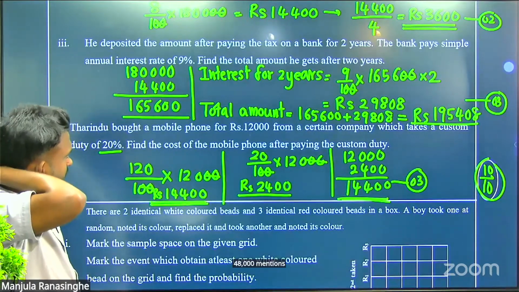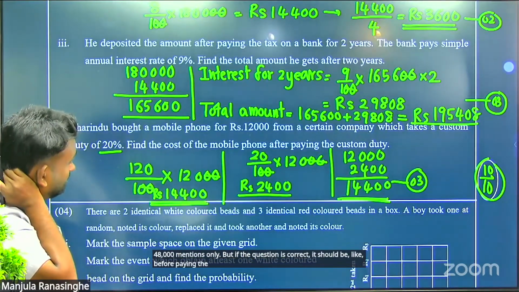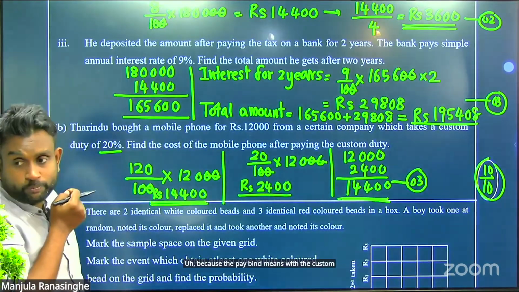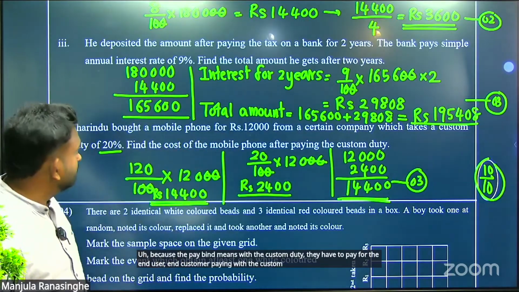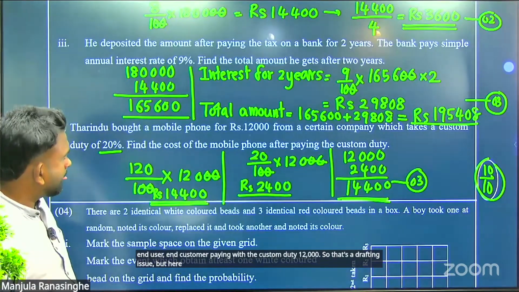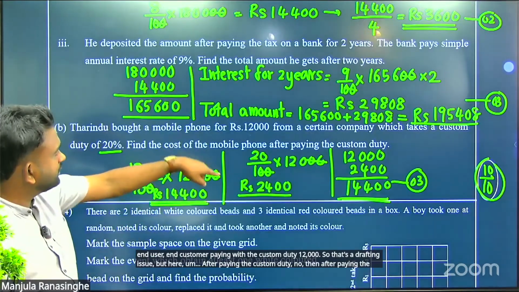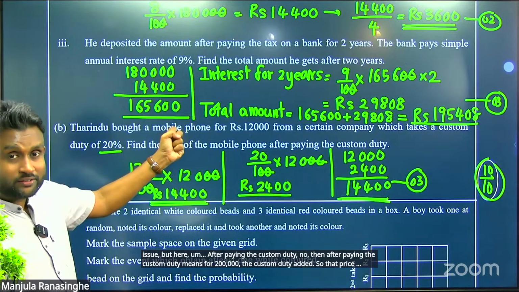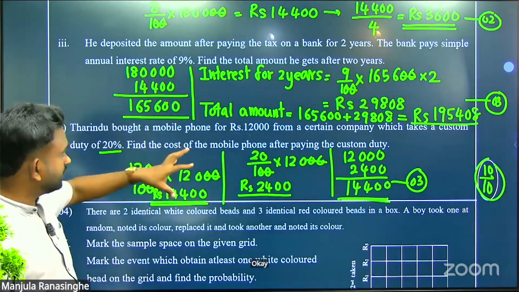If the question were correct, it should be like before paying the custom duty, because buying means with the custom duty, the end customer is paying 12,000 with the custom duty. So that's a drafting issue. But here, after paying the custom duty means for 12,000 the custom duty is added, so that price should be the without custom duty price, the imported price. Okay, based on that I did the question.